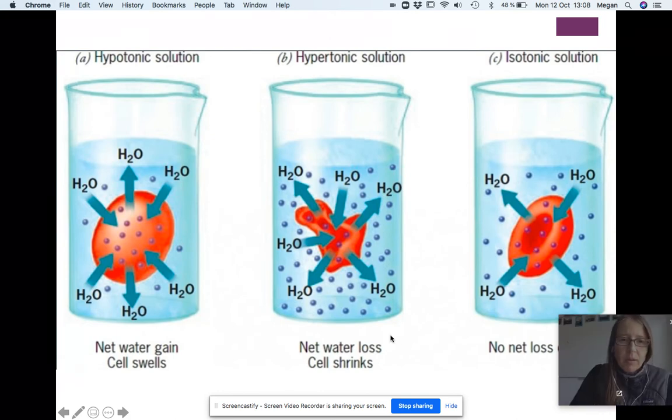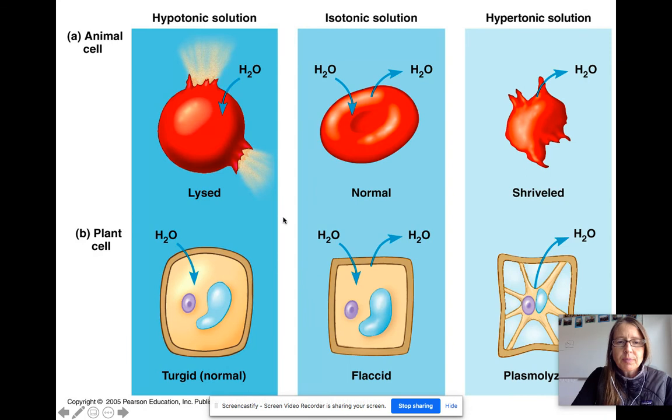Why this is important is that if you put cells into solutions that are not isotonic, then things can happen. Animal cells can gain so much water they could burst, or lyse. If you put them in a hypertonic solution, they could lose so much water that they shrivel up and lose their function.